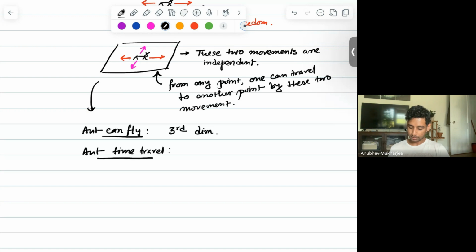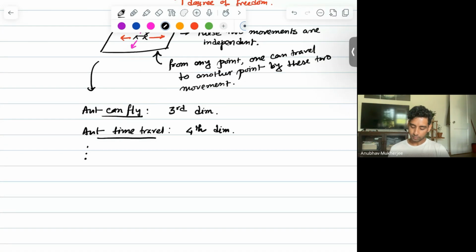In that case, it will unlock the mystery of the fourth dimension. And so on, we can abstractly define the idea of dimension: you keep adding new independent directions that were not achievable by any of the previous operations.